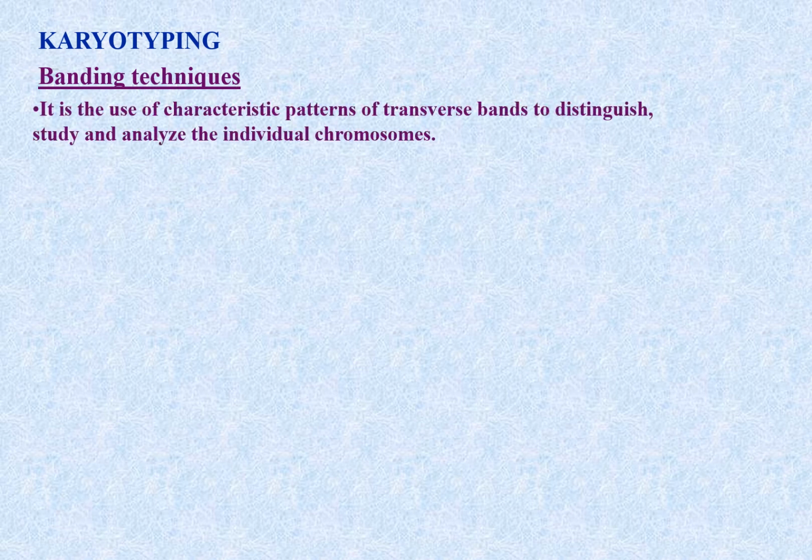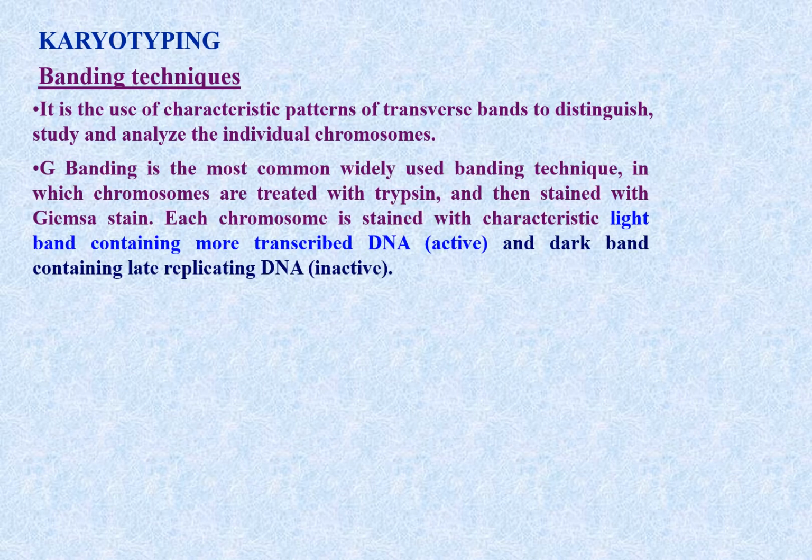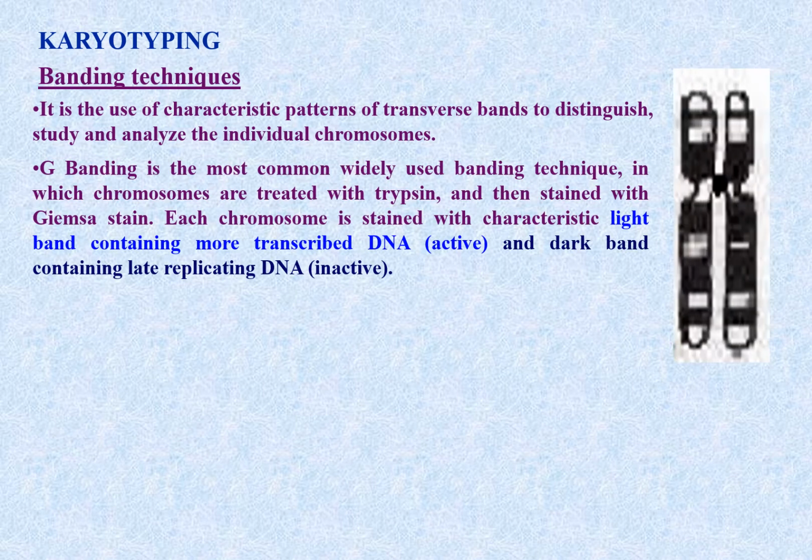Banding techniques. It is the use of a characteristic pattern of transverse bands to distinguish, study, and analyze the individual chromosomes. G banding is the most common, widely used banding technique, in which chromosomes are treated with trypsin and then stained with Giemsa stain.